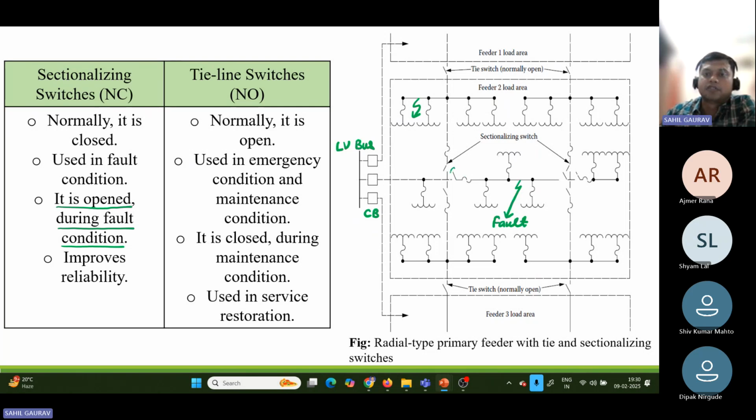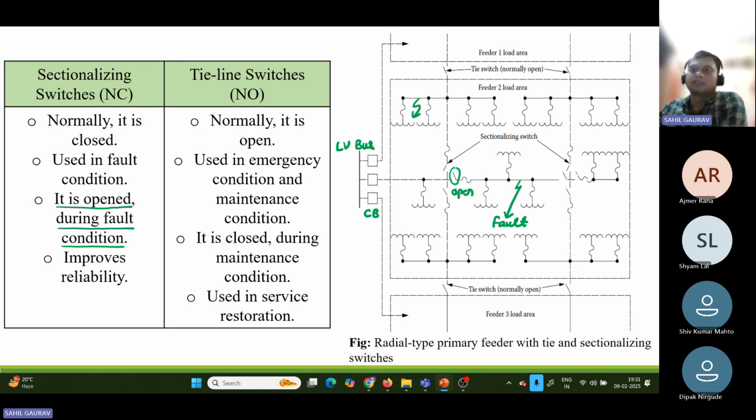Then this sectionalizing switch will open to remove this area, and the other parts will remain energized. So what is the working of the sectionalizing switch? The sectionalizing switch is used in the fault condition, and it will open during the fault condition, and in that way we can say that the sectionalizing switch improves the reliability.